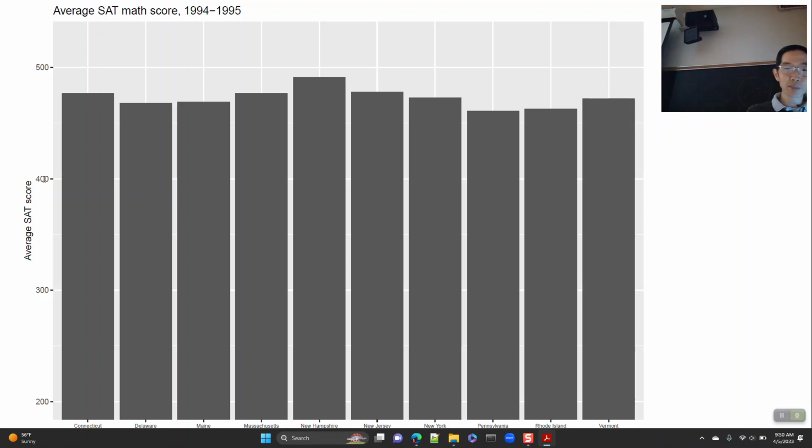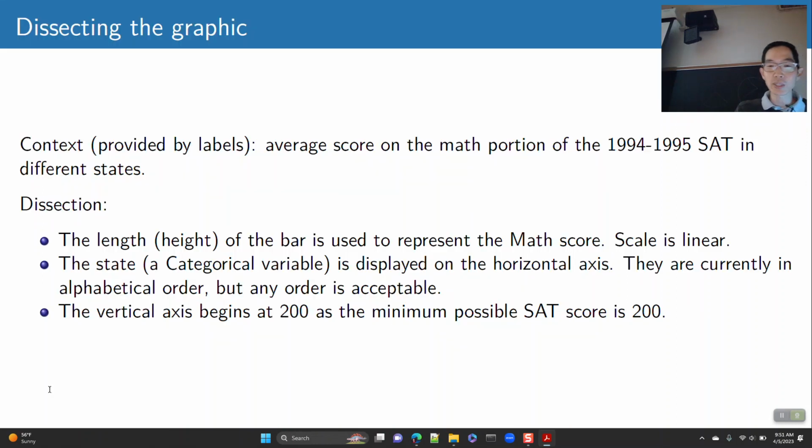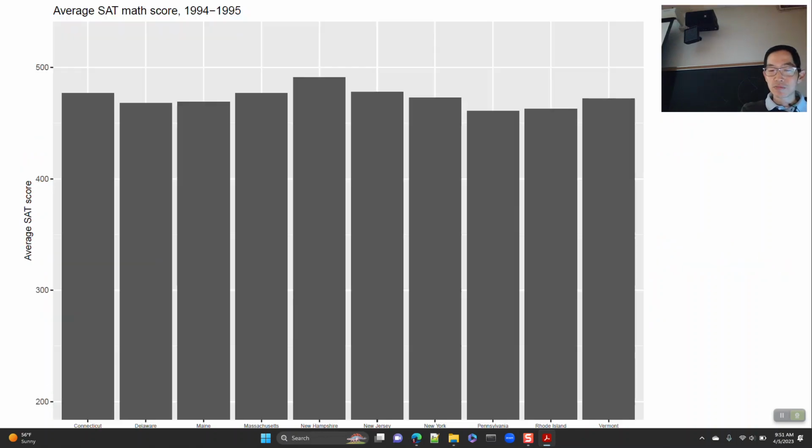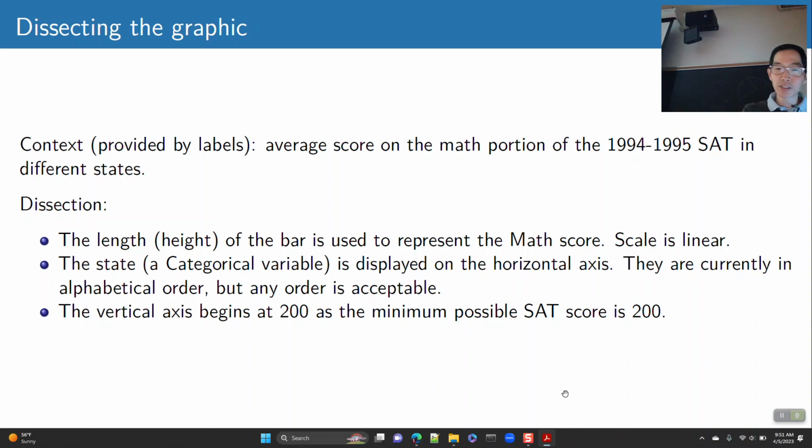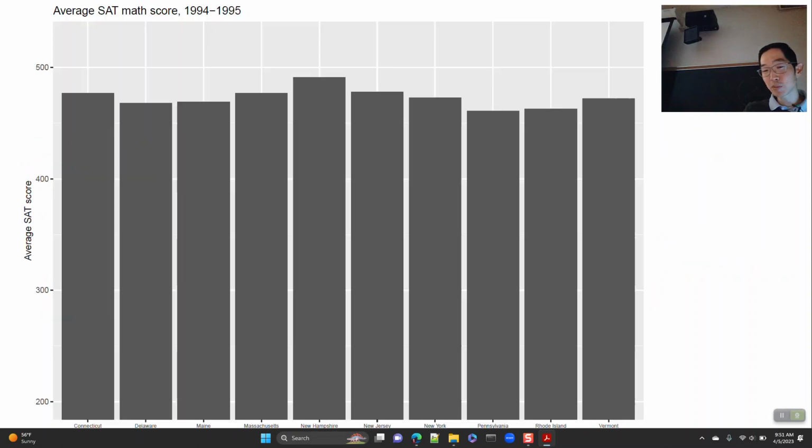It kind of makes sense that the bottom is at 200 because that is the lowest theoretical score you can get on the SAT math, but this is average. Horizontally, we put the different states, and they are in alphabetical order. We could have arranged them in any order we wanted to, but again, what order of states makes sense?